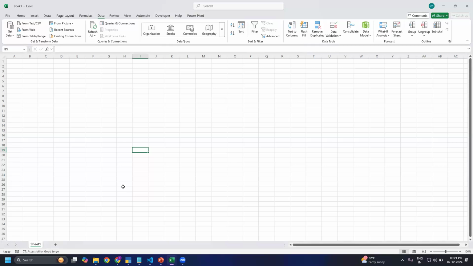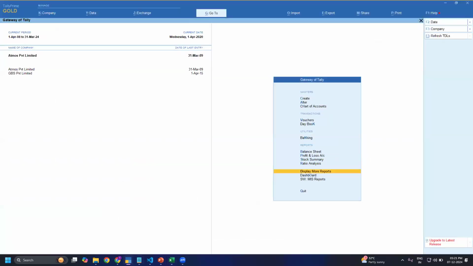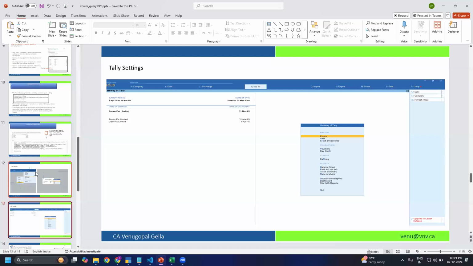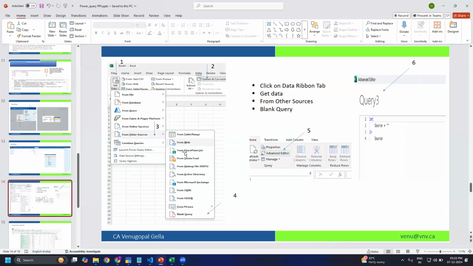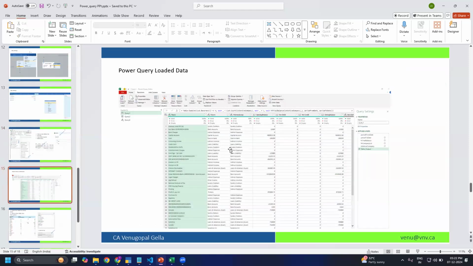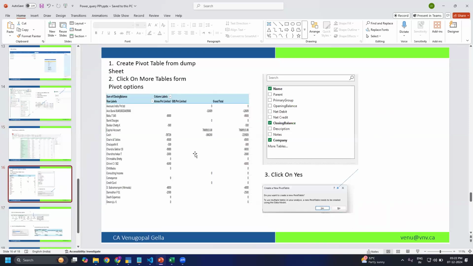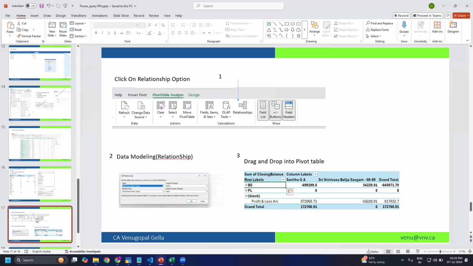In this, I have given the steps to follow, how to open the queries, advanced editor, how to refresh Power Queries, and then how to make a pivot, everything. So now we directly move to Excel.